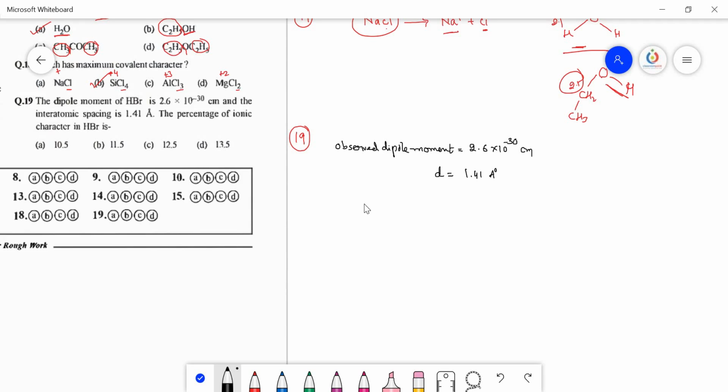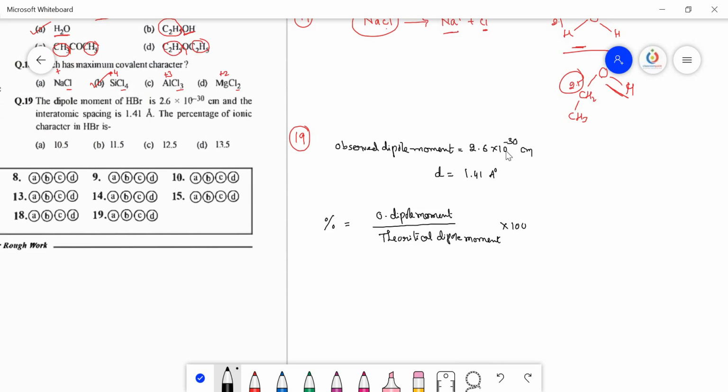First of all, let us see which formula is helpful to calculate the percentage of ionic character. Percentage of ionic character is equal to observed dipole moment divided by theoretical dipole moment into 100.